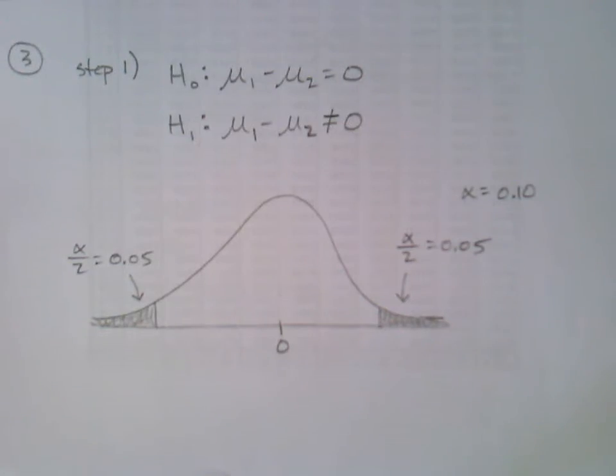Okay. So step 2, the most important step. The test statistic I don't want to show you just yet. As you look at that data, they tell us it's sigma, right? That's the giveaway here. They tell us the population standard deviation.